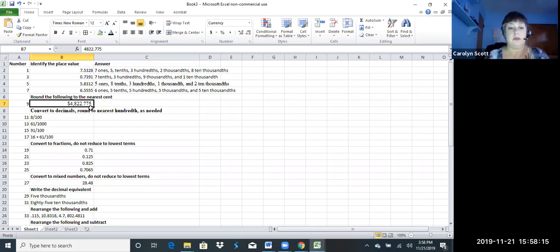So the 5 makes the 7 become an 8. And that's as many places as we're going to go, because we're rounding to the nearest cent, which means the nearest hundredth place.